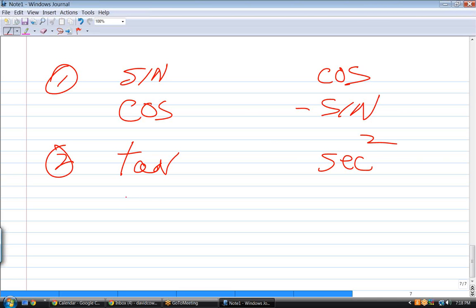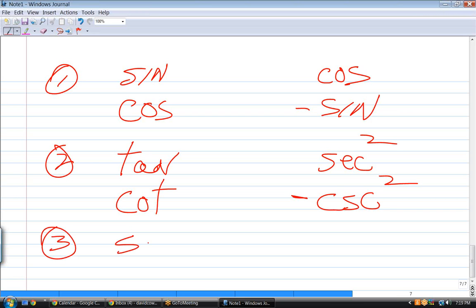But cotangent, the cofunction of tangent, first of all, I know it's going to be a negative. Second of all, it's going to be the cofunction of secant squared, so it's going to be cosecant squared. So I don't have to memorize that one or this one. And the third one I have to memorize is secant, and its derivative is secant tangent.